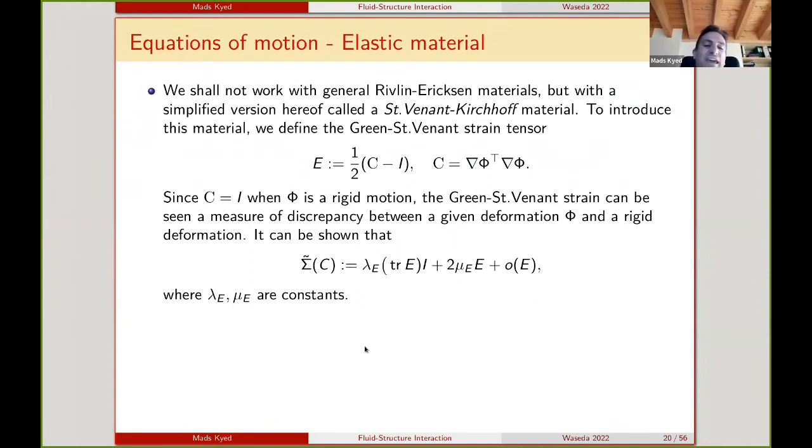Okay, anyway, so if we consider the so-called Saint Venant-Kirchhoff material, that's a special case of the Rivlin-Ericksen material, in which we have made some assumptions to simplify things.